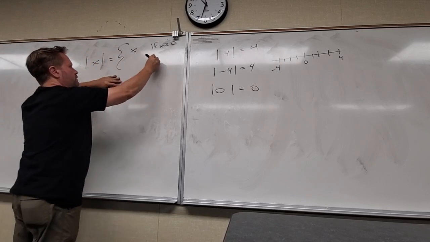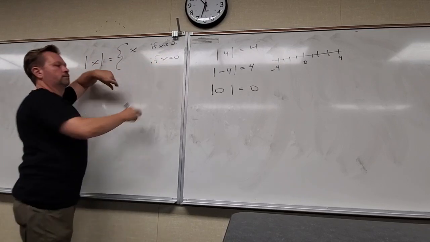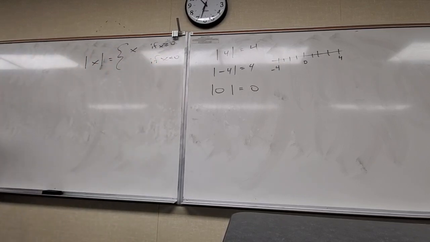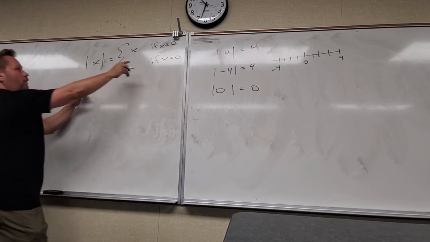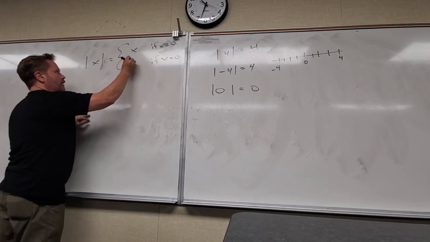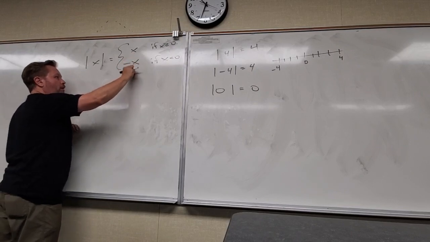What happens if the input is negative? It becomes positive. It changes the sign. How do I mathematically change the sign of something? Multiply by negative 1. Yes. So if it's negative, the absolute value is actually negative x, and your brain balks at this.